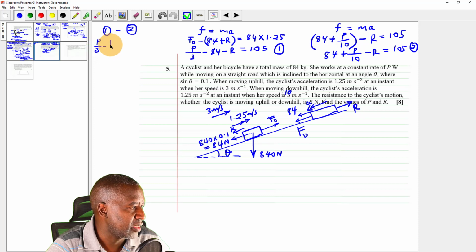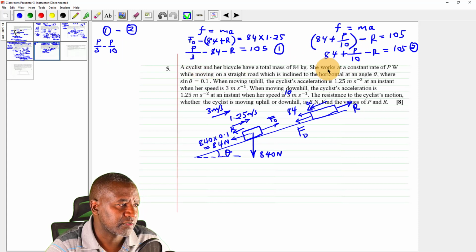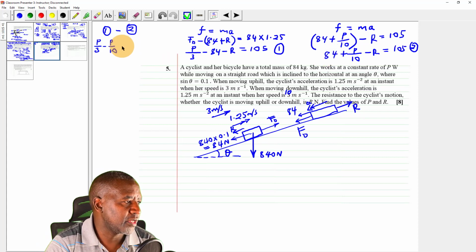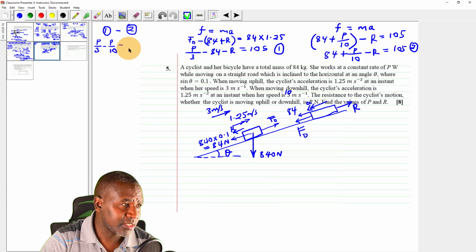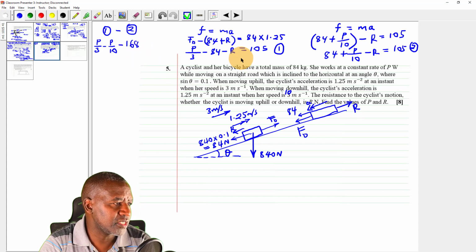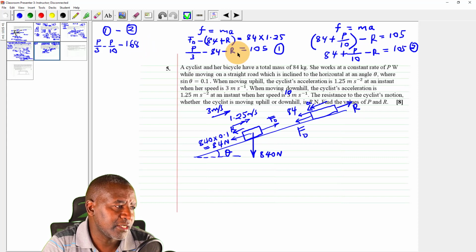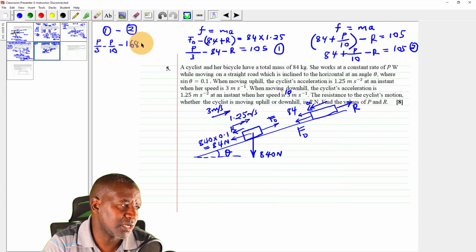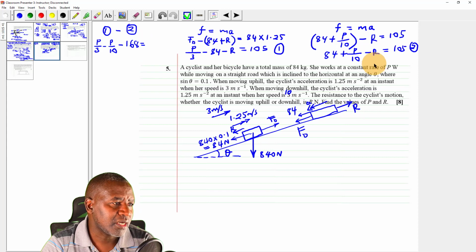Here I have minus 84 minus 84, which gives minus 168. I have minus R minus minus R, and the R's cancel out, because that was the main aim. And I have 105 minus 105, I get 0.